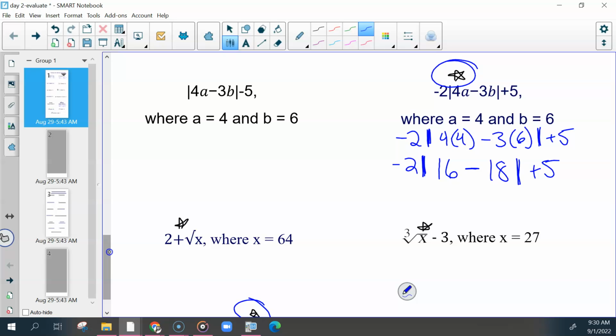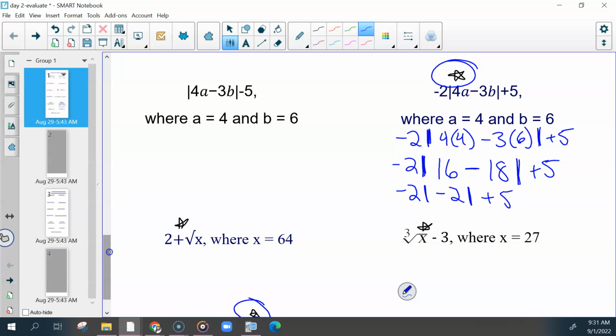Our next step would be, we're going to do that subtract first and then we can do absolute value. So this would give us a negative 2. Is there anything else left to do in our absolute value bars?